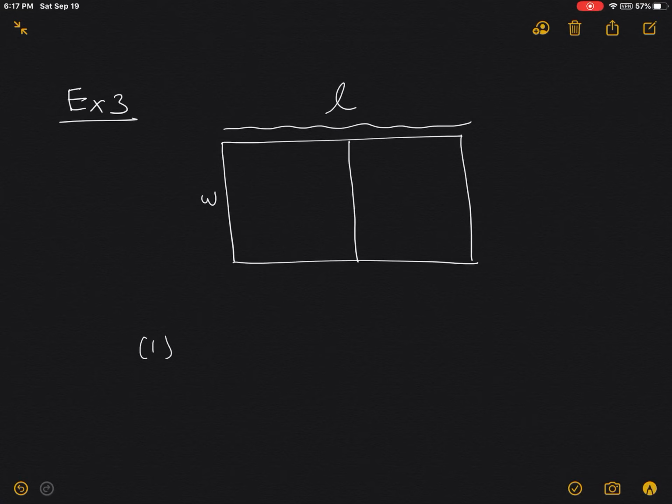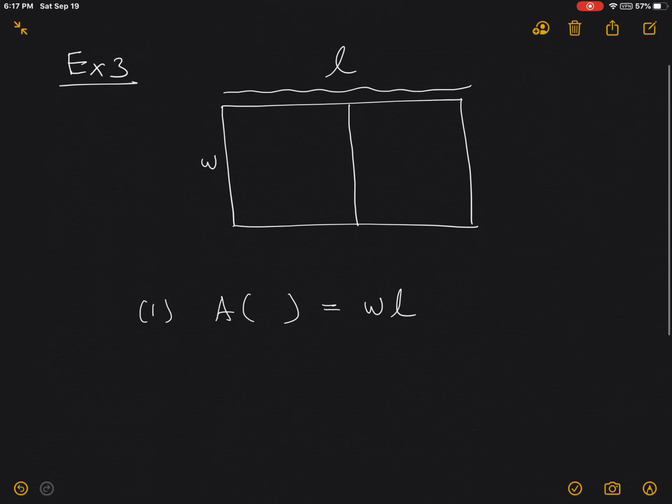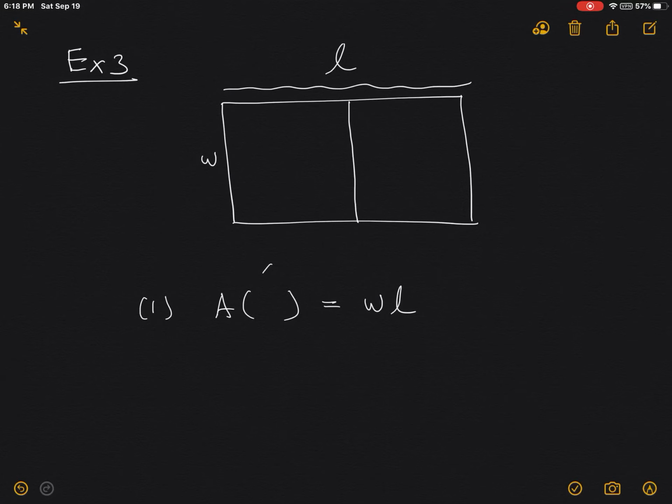The equation, if I want to maximize the area, and I'm just going to leave it in parentheses because this is what I want to maximize, is just width times length. Sometimes students like to call this guy an L and this guy an L, but just call it a single L. All right, so that's what we want to maximize. We want to maximize the area.